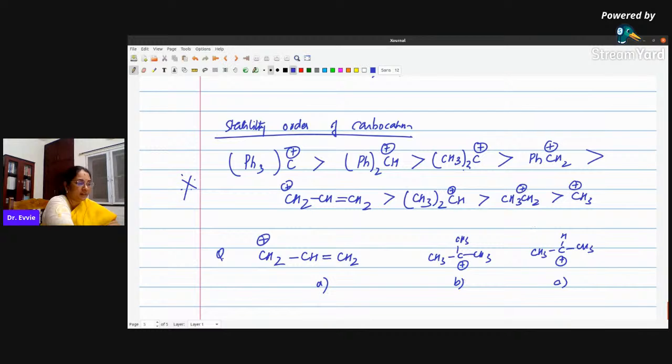You know, see here, the tertiary carbocation is more stable. So the order would be first B. Then between A and C, the allylic one is taking the lead now. So it will be A, then C. I hope you got it now.